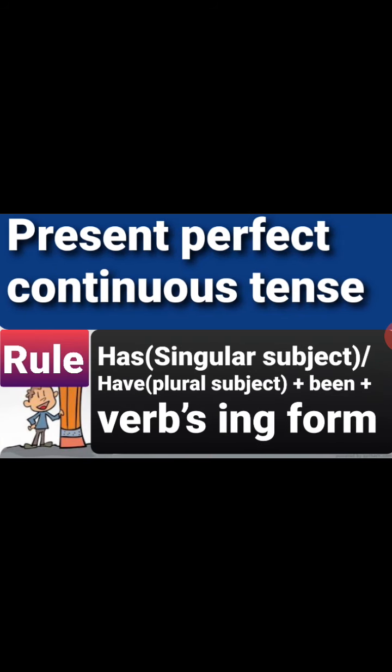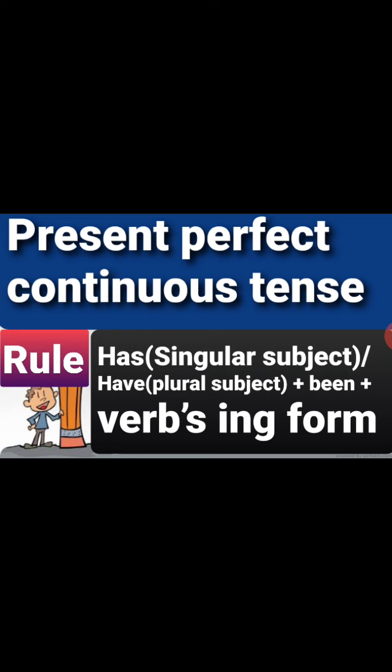Now students, present perfect continuous tense. Students, the subject plus has, have plus been plus verb ing form. That comes under the present perfect continuous tense. Students, look at the rule of the present perfect continuous tense.